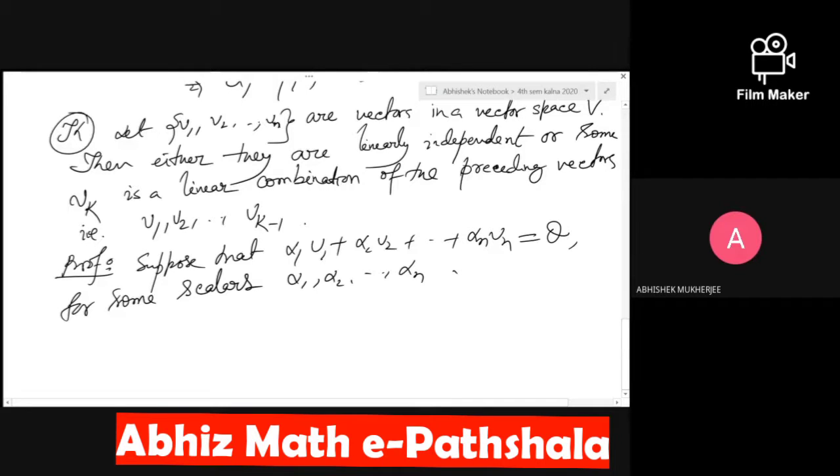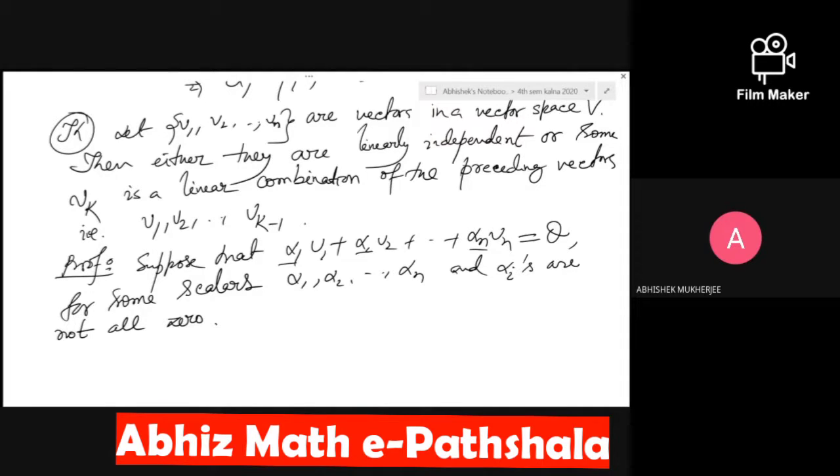Okay. And we need to consider one more assumption, which is alpha i's are not all zero. These scalars are not all zero, since the vectors are assumed to be linearly dependent.